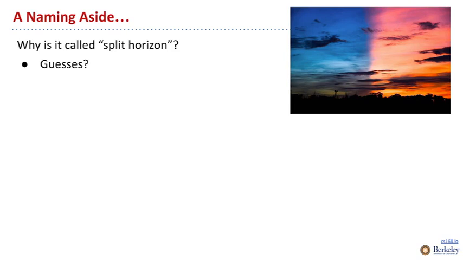Yeah, so it's like by breaking a loop, you're having the two neighbors take other paths. That's a good guess. No, but I like that. Any other guesses? It's like a boundary between the two neighbors, they don't talk to each other? That's also a cool guess. No. Okay, I'll reveal it.